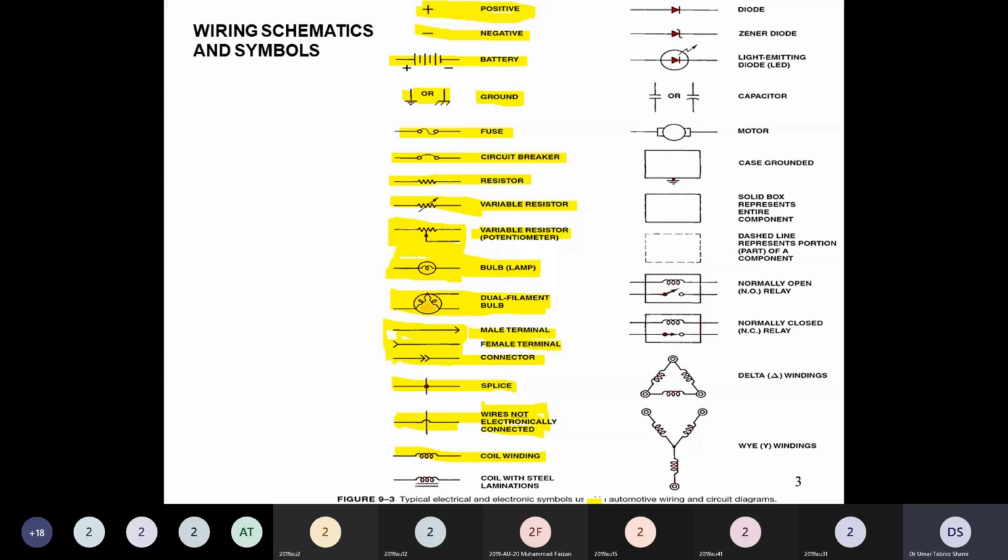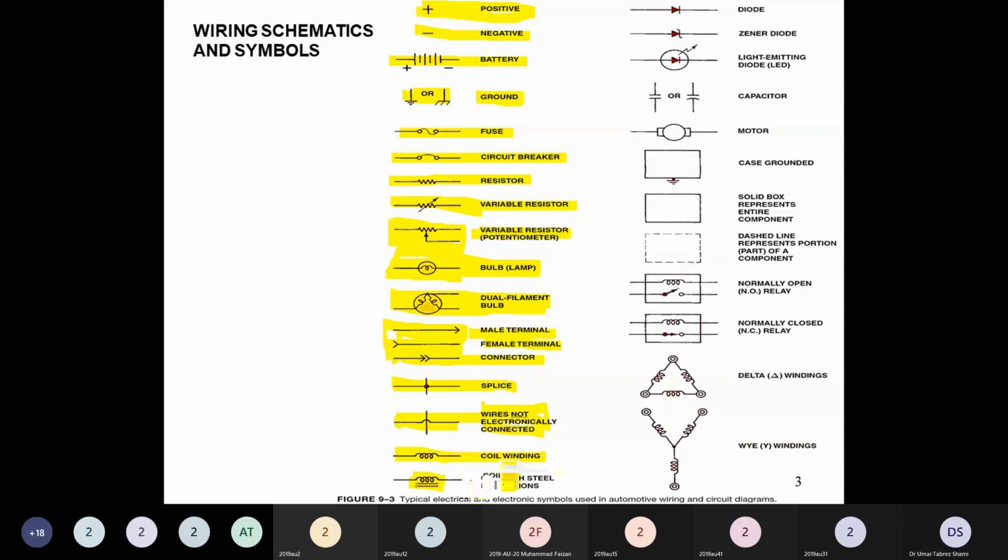In case the coil is wound on air, then we have the simple coil winding as shown in the first diagram, and then in the second diagram, these two parallel lines represent the iron core steel lamination sheet. So coil winding and coil winding with steel laminations.